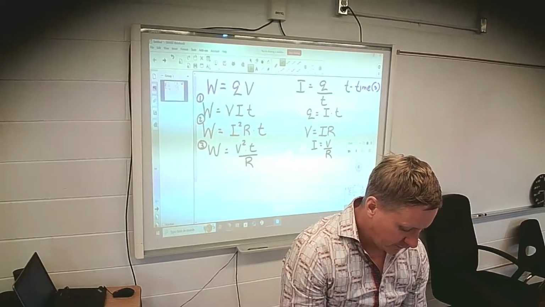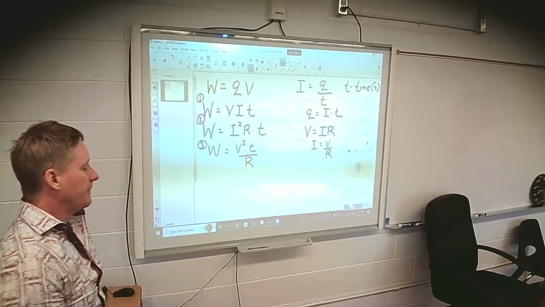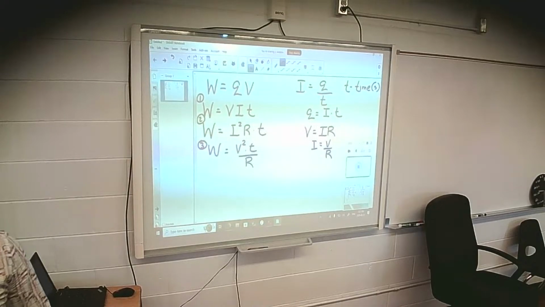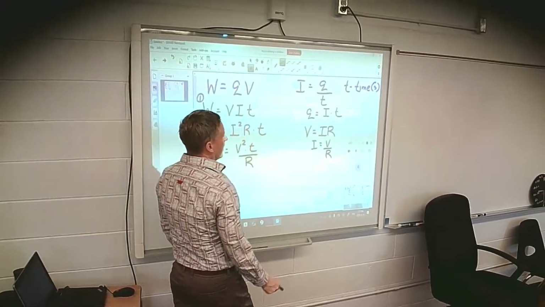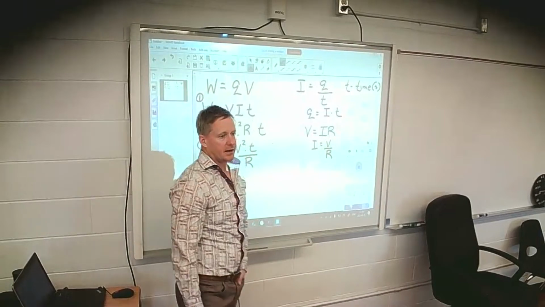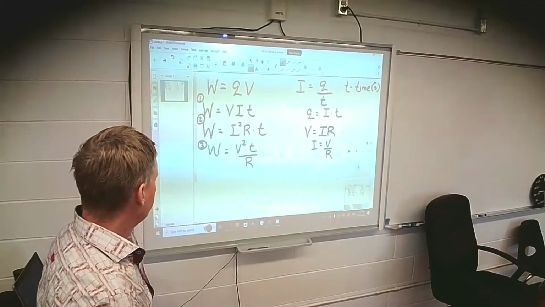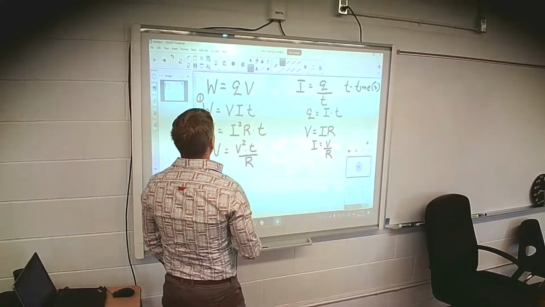That's if I know voltage, time, and resistance, and I don't know current. At any one of these points, you only need to use equation 1 if you're working with V equals IR, because you can always find the other ones. So these are 3 new equations to help us get to work.